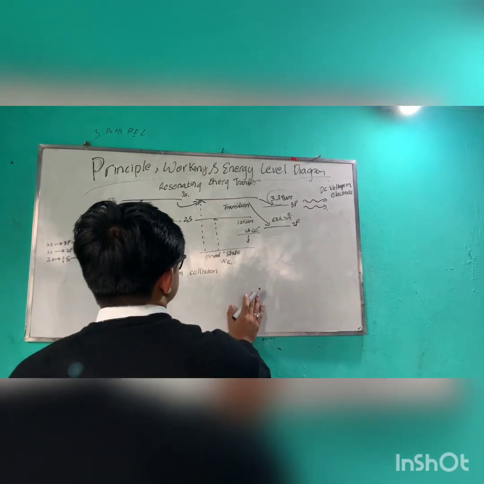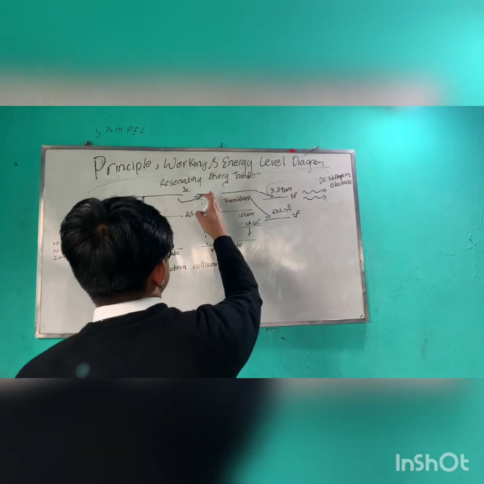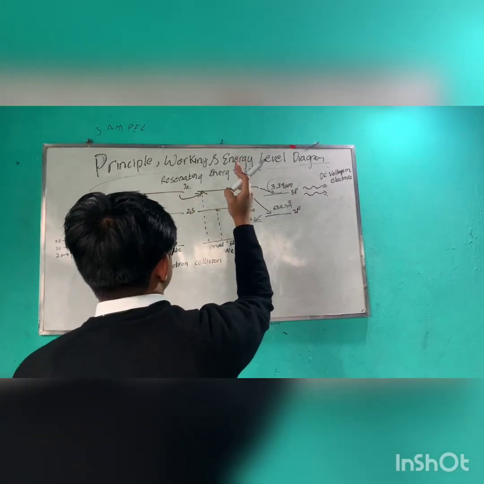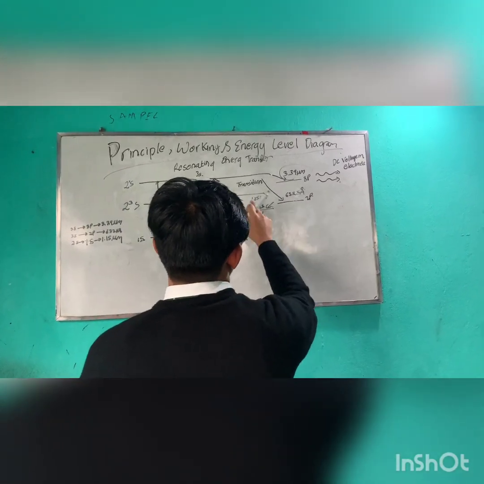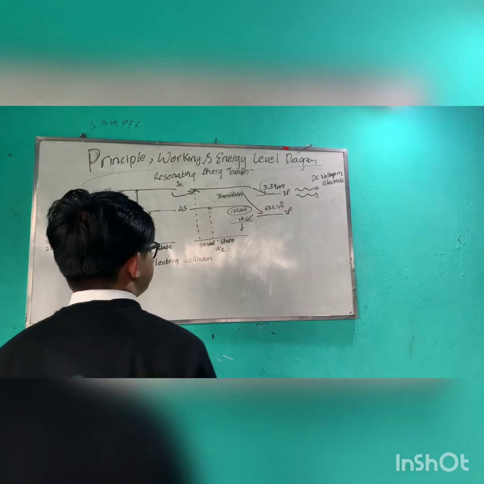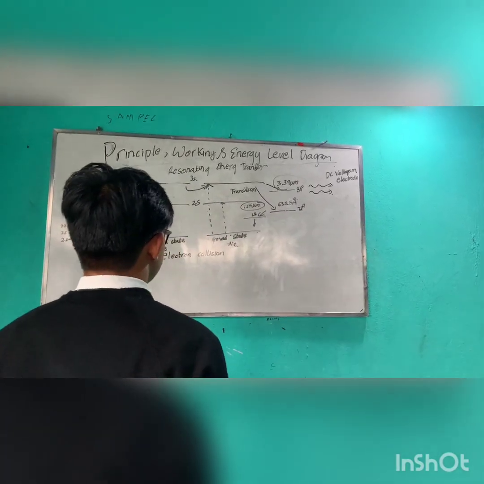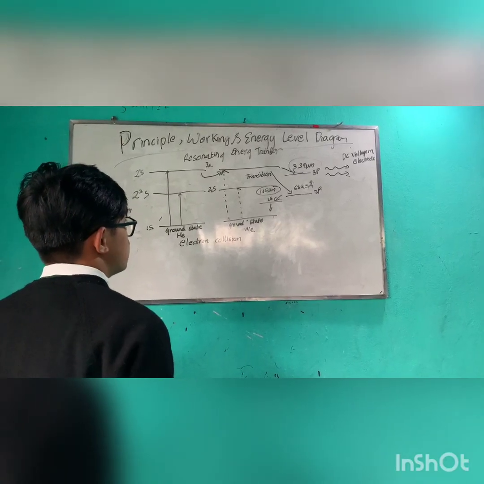And from 2s to 1s, the photon produced is 1.15 micrometer. So this is how the energy transfer system works.